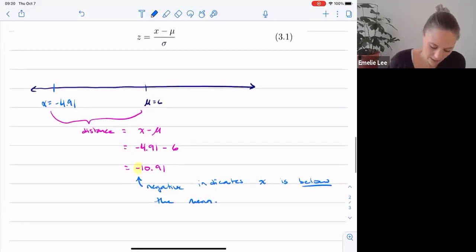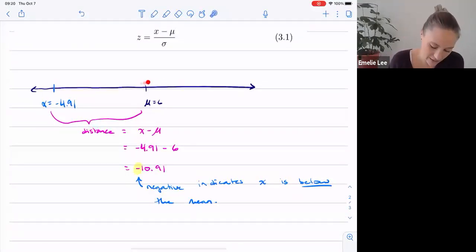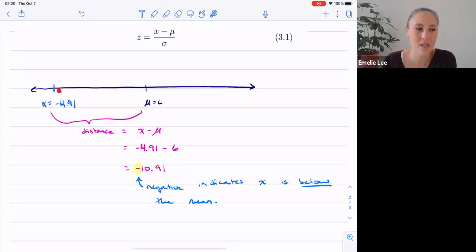Okay. And I like to show it on a number line like this, because eventually we're going to move towards, okay, what's the probability of having, so probability, remember, is an area under the curve. So what's the probability of having an observation of negative 4.91 or less, right?